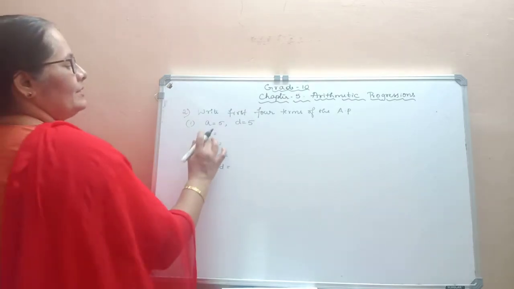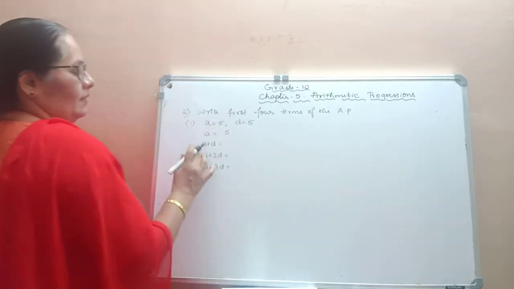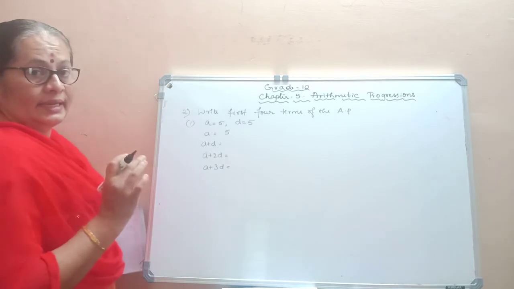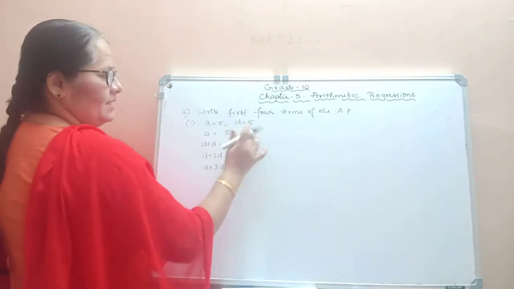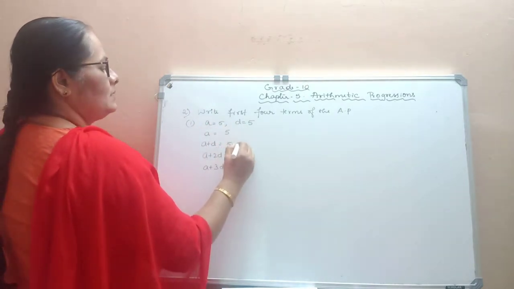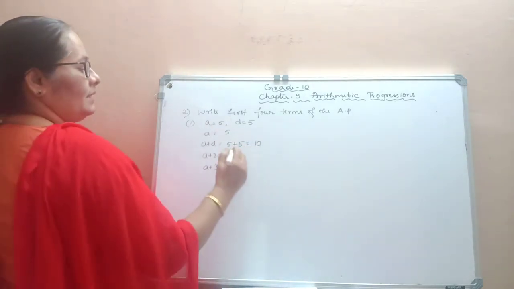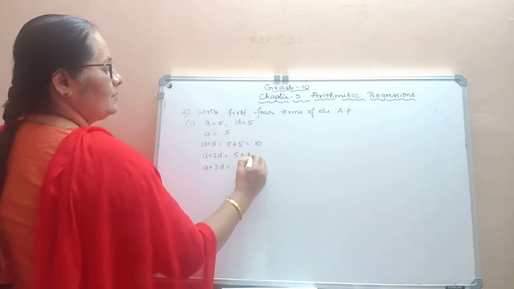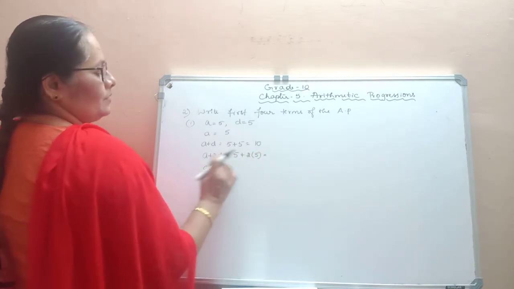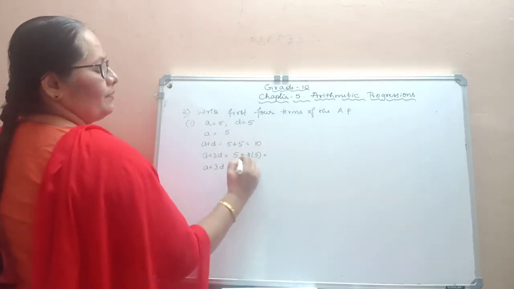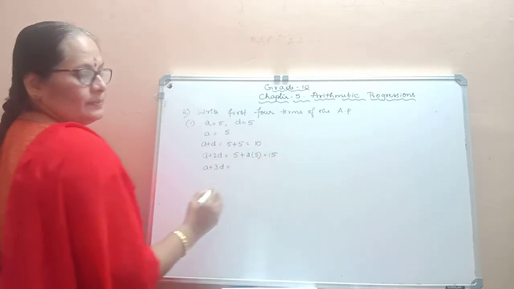Now first term is given as A. Then how will you calculate the second term? A plus D, that is 5 plus 5, 10. Right. Then the third term: 5 plus 2 into 5. D is 5, so 5 plus 10, 15.